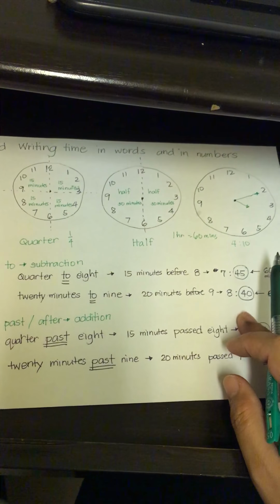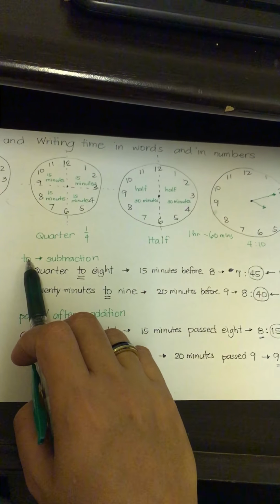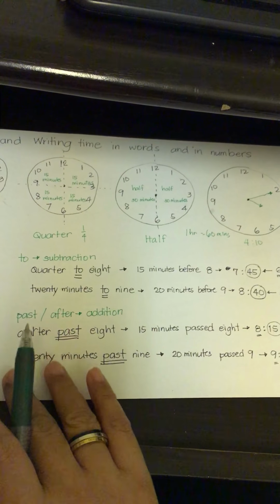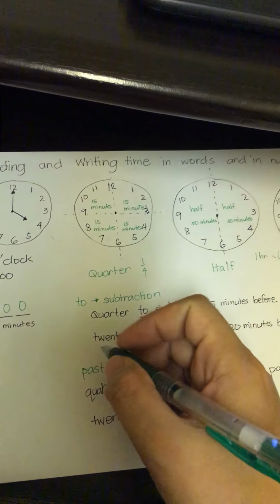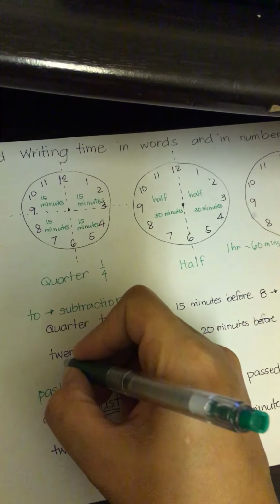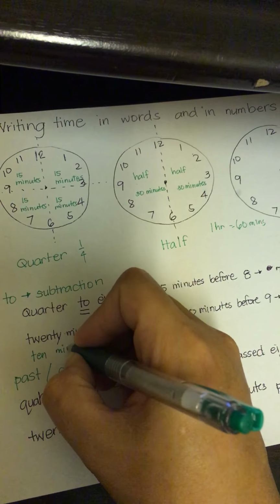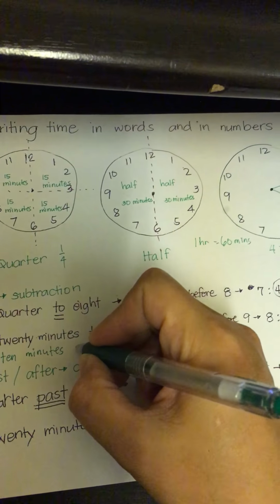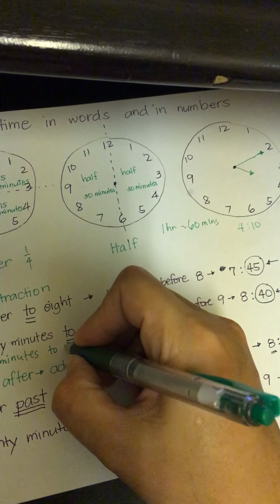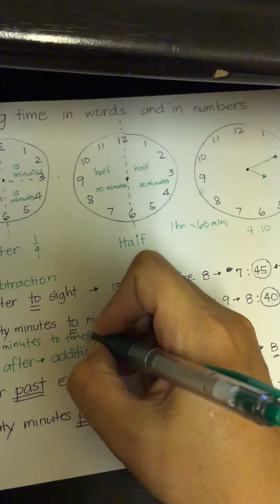So we're done with the word to. To again means subtraction. Let's have another example: 10 minutes to 3. It means it's not yet 3 o'clock, the hour hand is not yet at 3. So we go back, because to means subtraction.